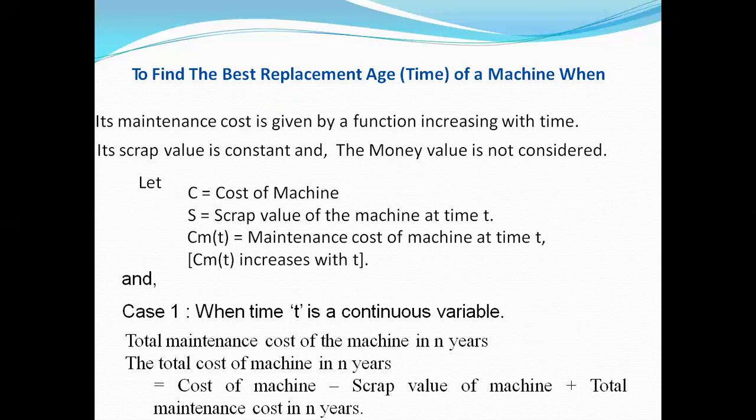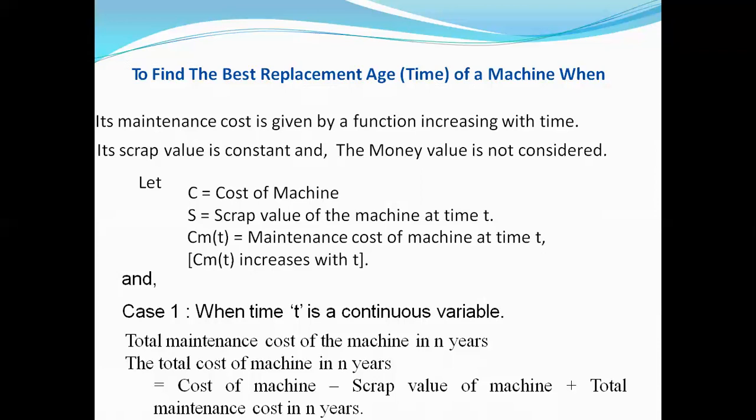The total cost of the machinery in n years, where n specifies the life expectancy of the particular component or machine, is equal to the cost of the machine, that is the capital cost, minus the scrap value of the machine, plus the total maintenance cost in the n years.